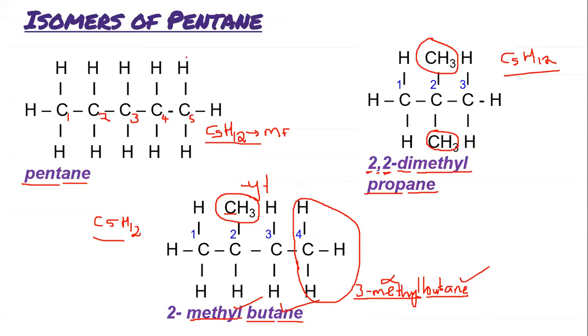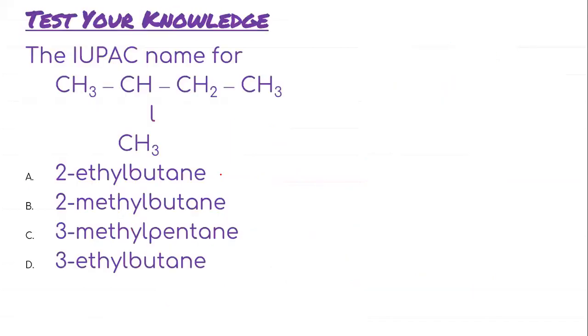So if I ask you how many isomers pentane has, you can't say pentane has 2 isomers. No, we actually say pentane has 3 isomers. We actually include it by itself altogether, right?